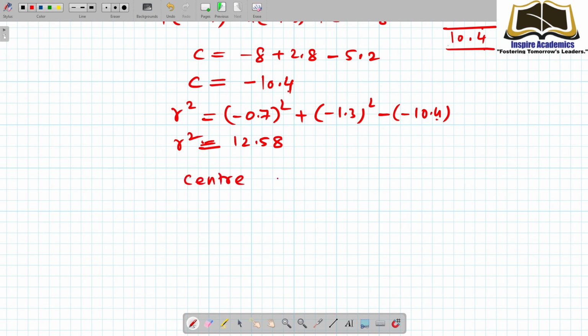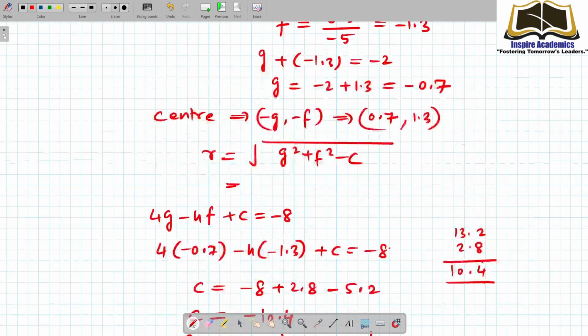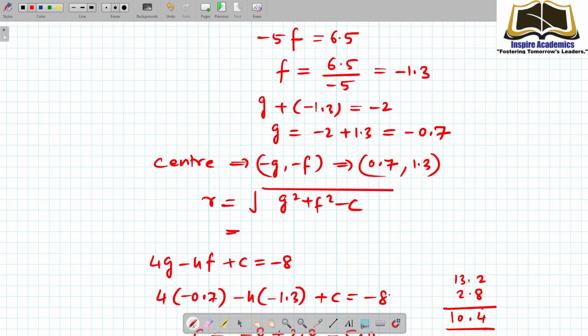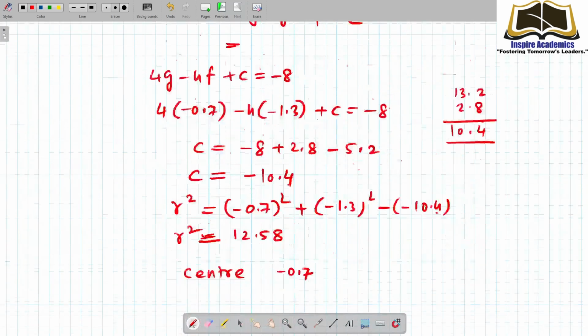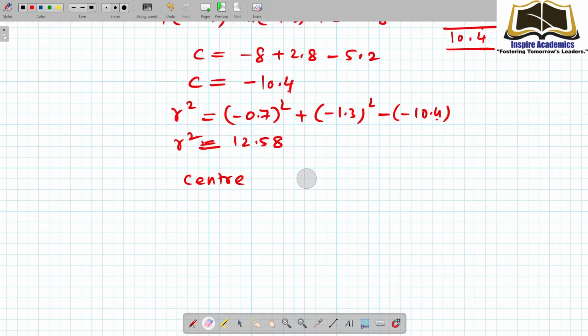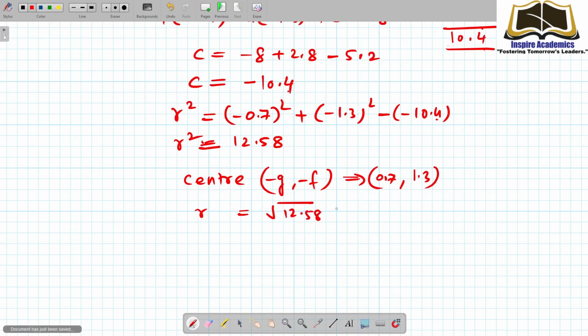Center is minus g comma minus f, which is nothing but (0.7, 1.3), and radius is under root 12.58.